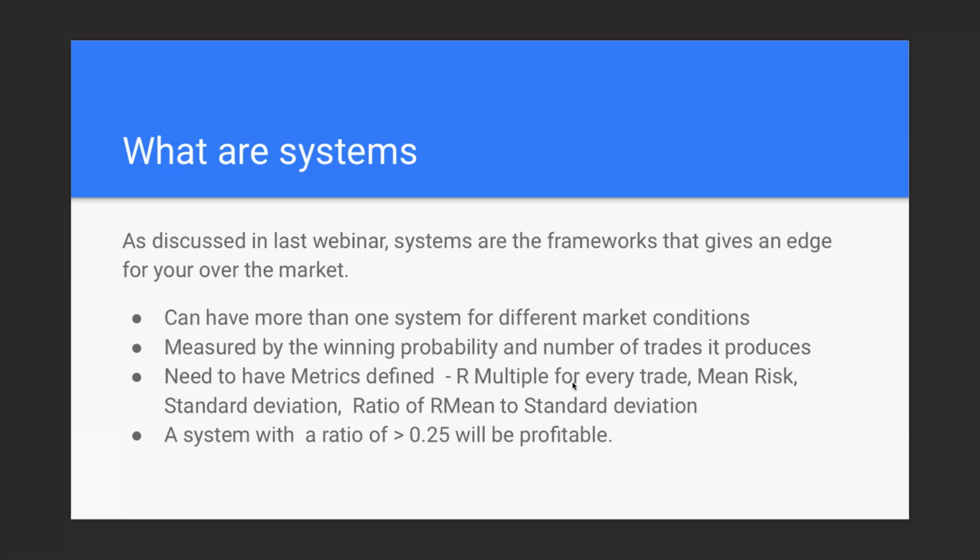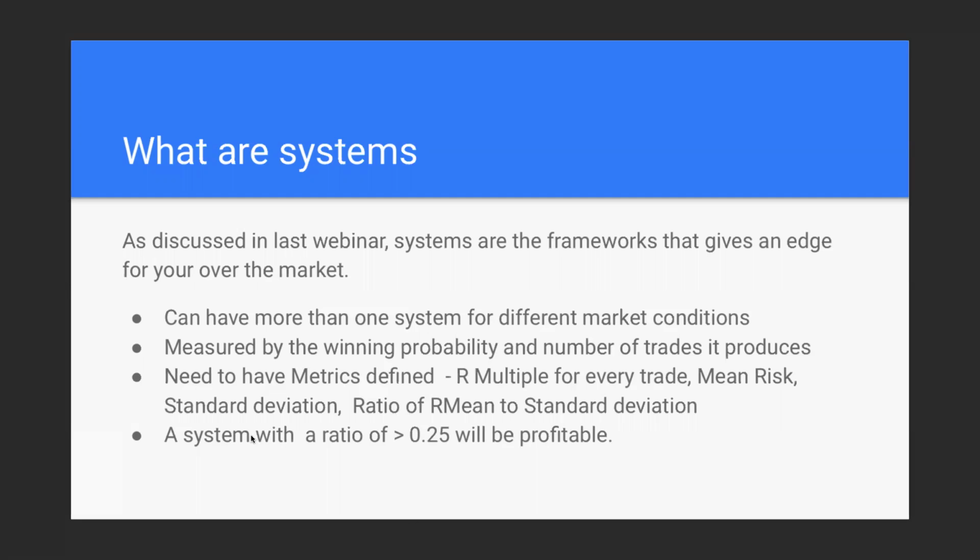So R multiple for every trade, and then mean risk, standard deviation. All these are the metrics that you can measure for the system. We'll talk about it later. I'll show you our tracker, how we have done this, and you'll see how our R multiples are and all those things.